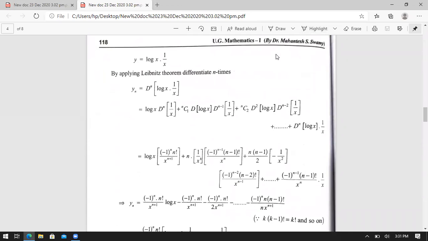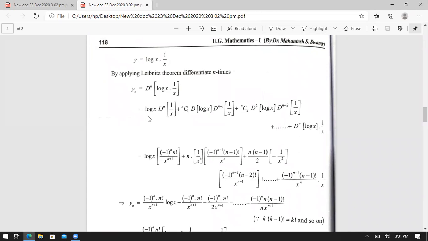First you take y is equal to log x divided by x, which I write separately as log x into 1 by x. Okay, it is the same. By applying the Leibniz theorem, differentiate n times. You remember this one? The nth derivative yn equals the nth derivative of log x into 1 by x.